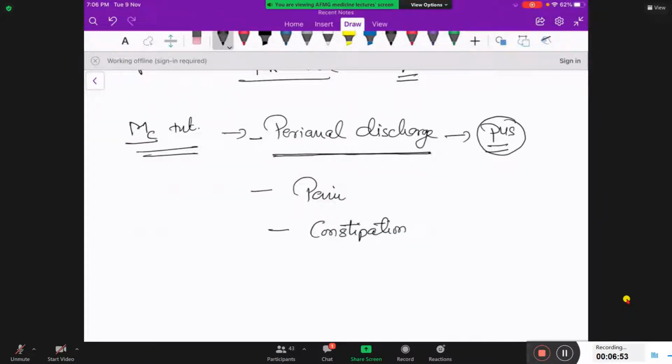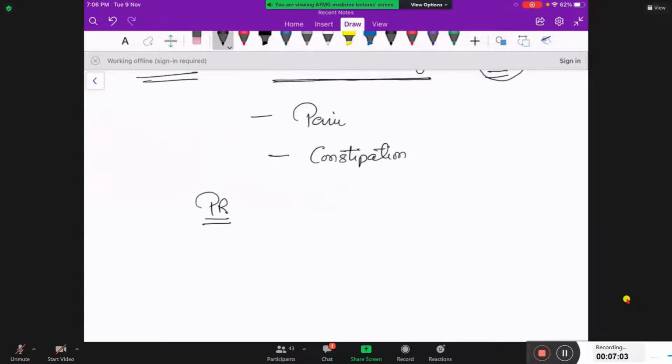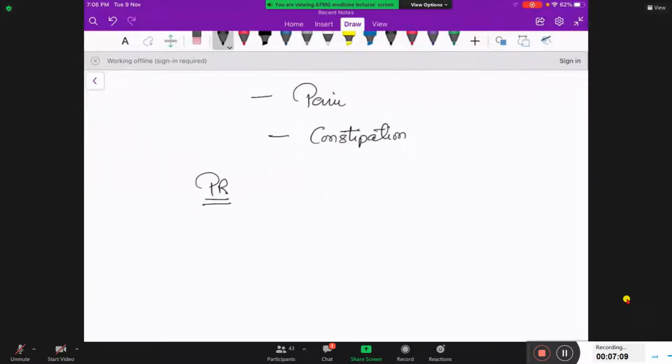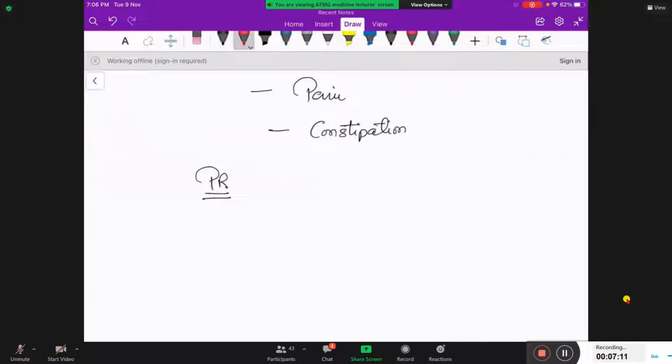Now, any patient who comes to us with any perianal or anal problem, we know that we have to first do a per-rectal examination. And in per-rectal examination of these patients, please understand this point, you can see the external opening from where the discharge is coming.